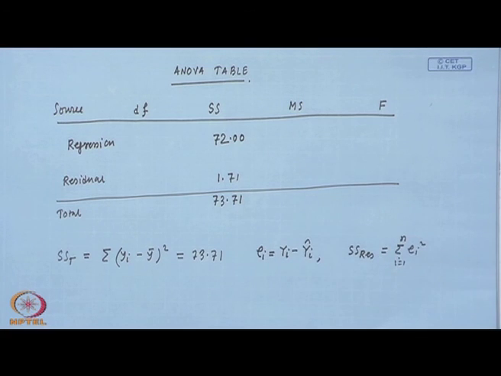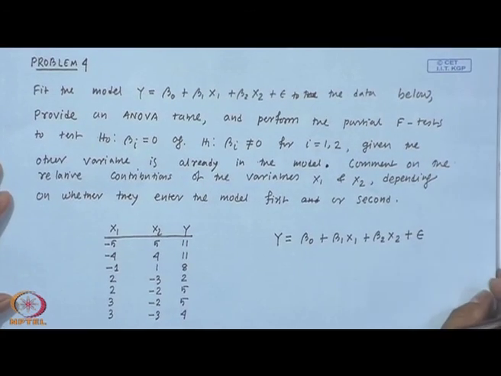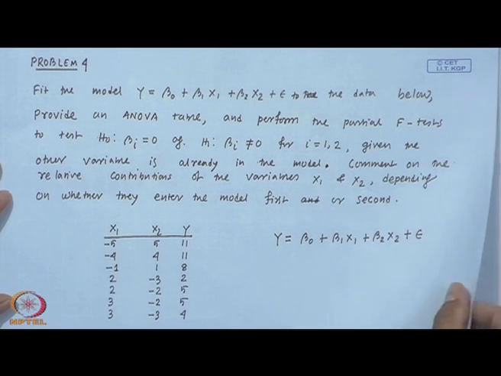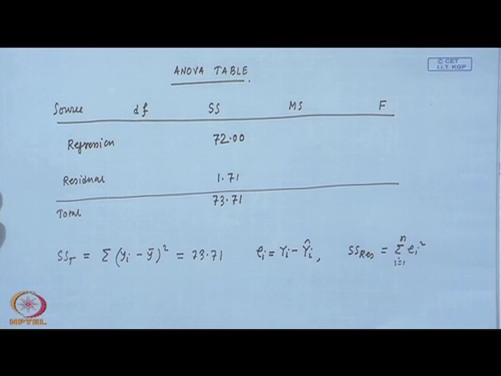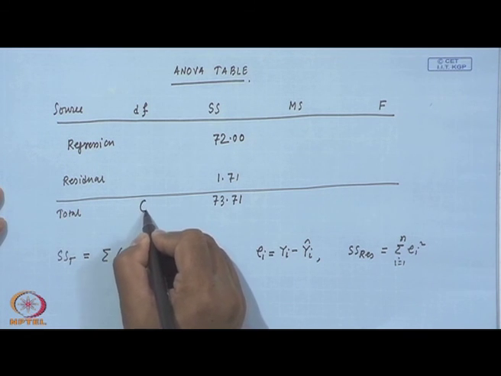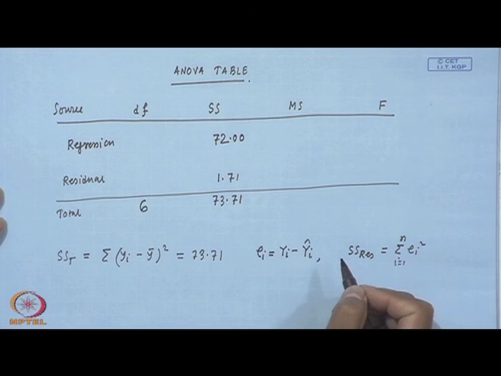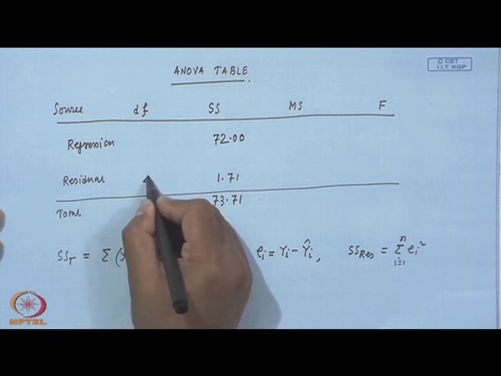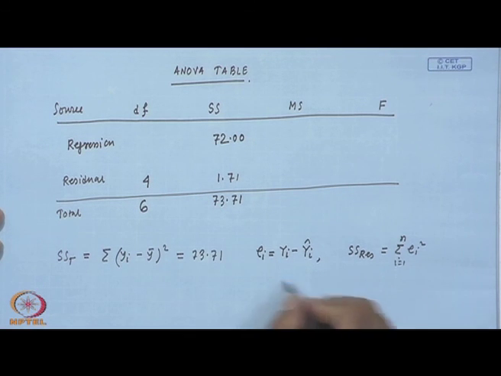Okay. Now, here is the problem. How many observations do we have? We have 7 observations. So, the degree of freedom for SS total is 6, and the residual degree of freedom would be 4, because there are 7 ei's and there are 3 restrictions because of 3 parameters.